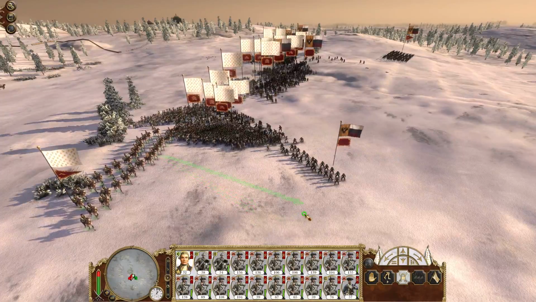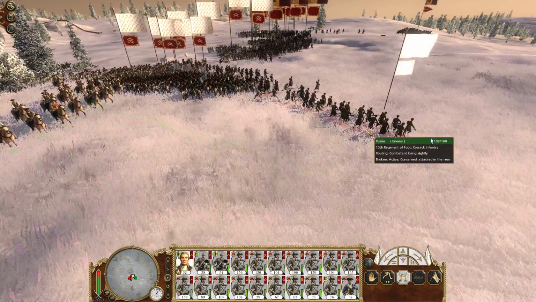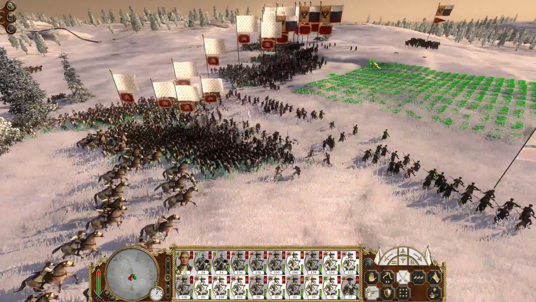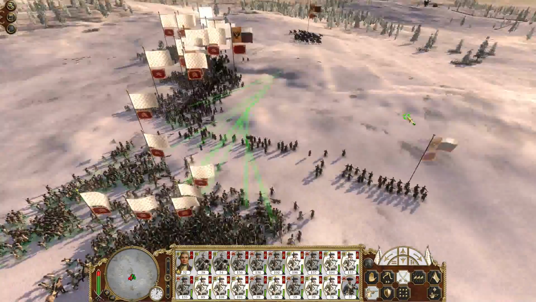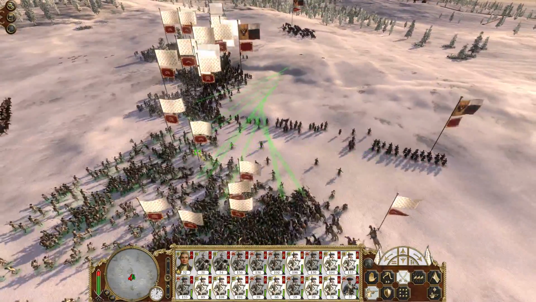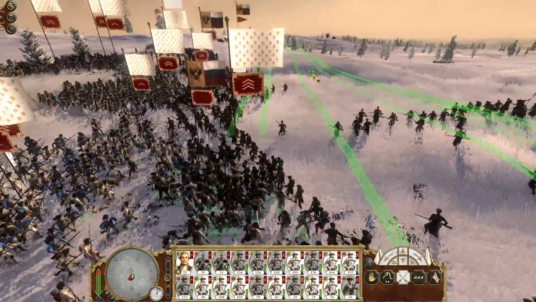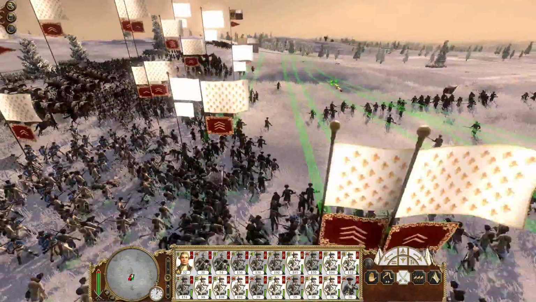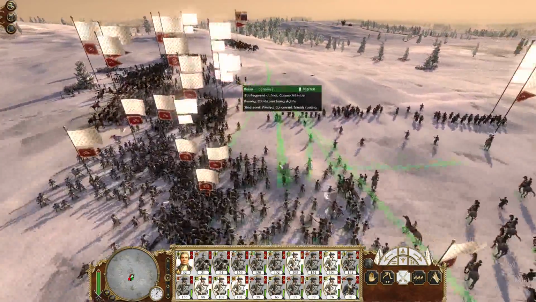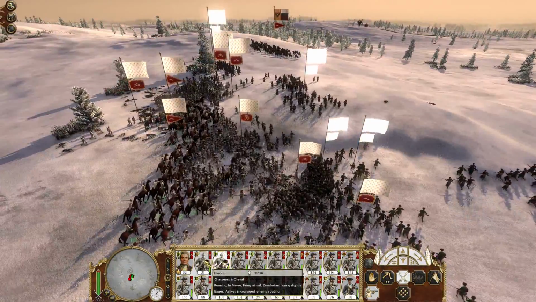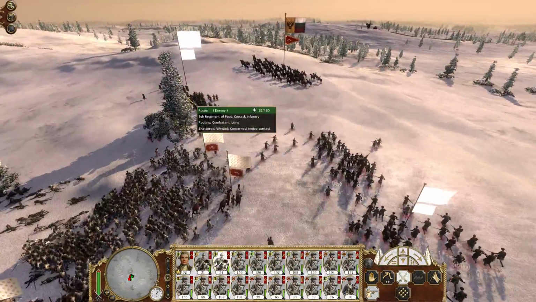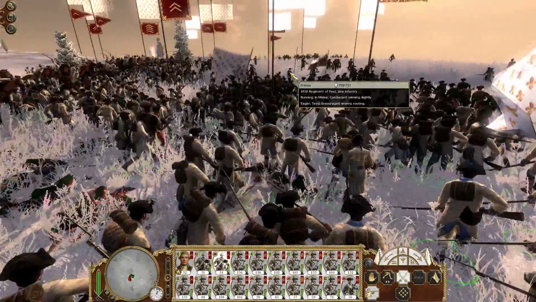Okay, they are on the retreat now. Now that they're on the retreat, we're going to march on them, and we'll try to surround them as much as possible in their other lines. However, it looks like that's not going to be the case, and their entire force is going to break.